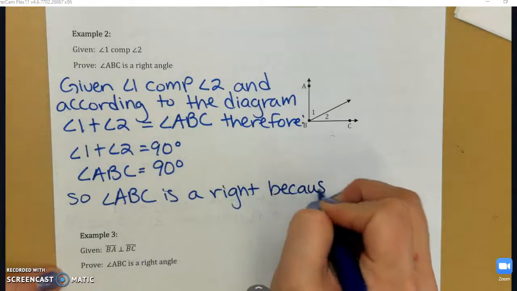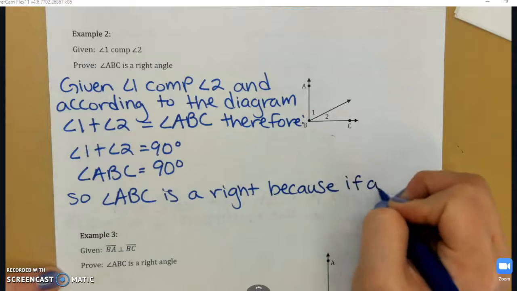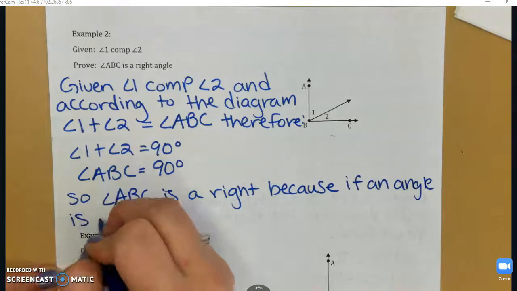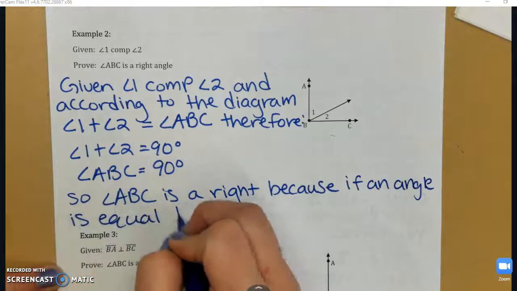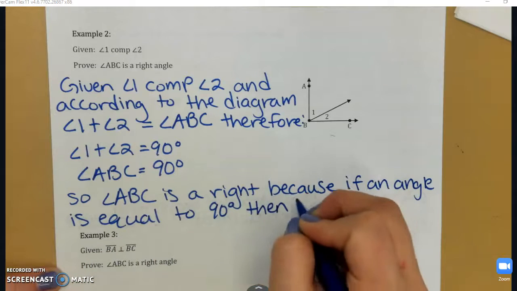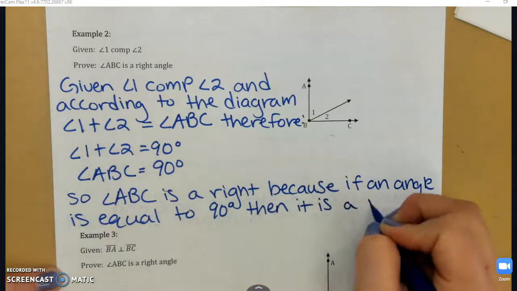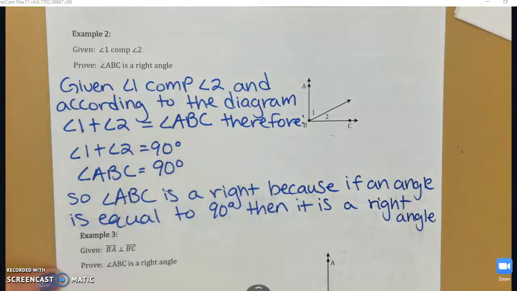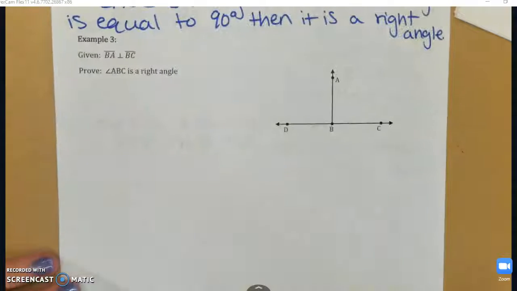Because my definition is, if an angle is equal to 90 degrees, then it is a right angle. Okay, introduction, body, conclusion.